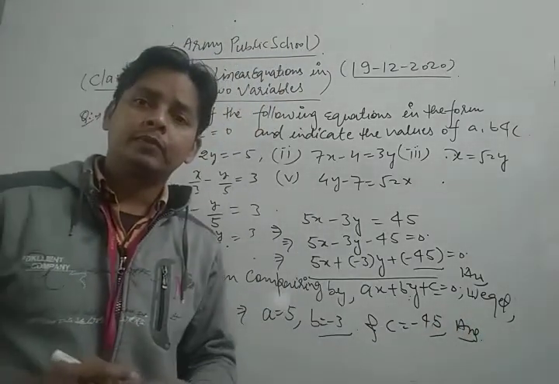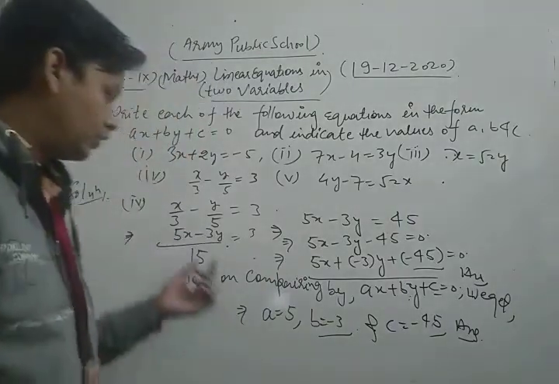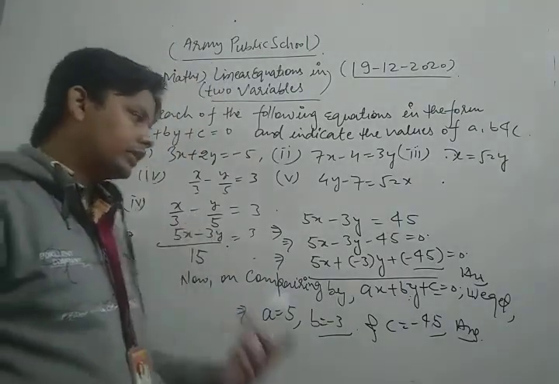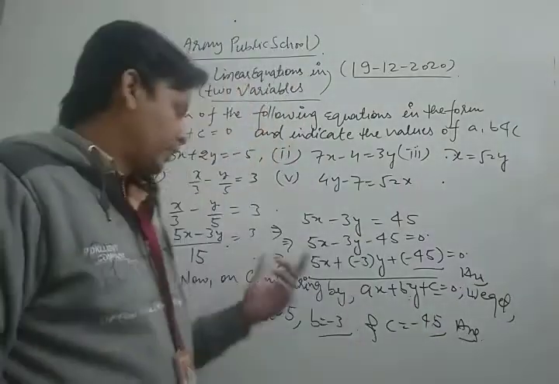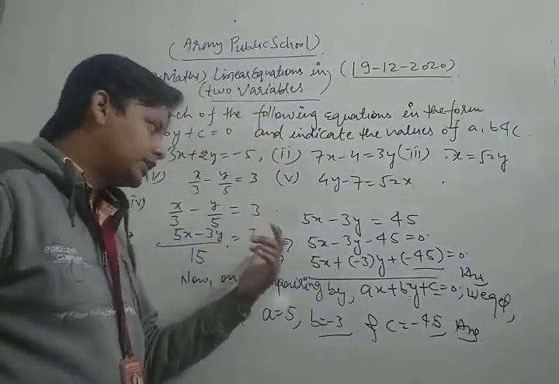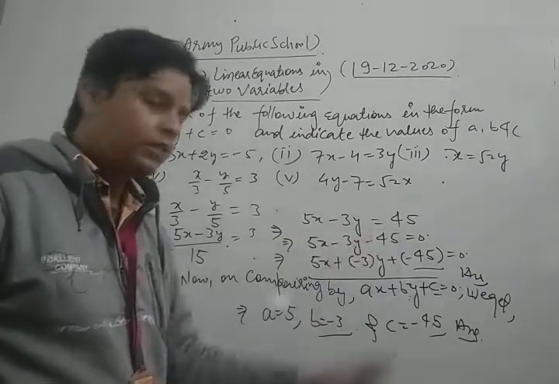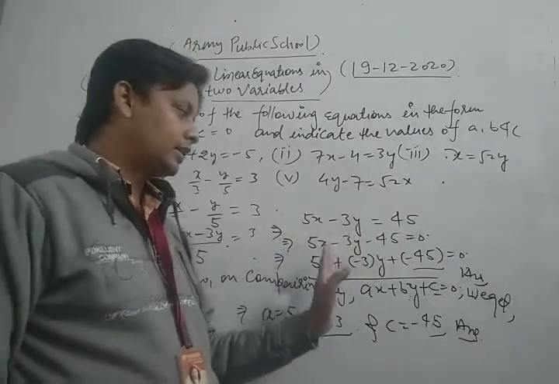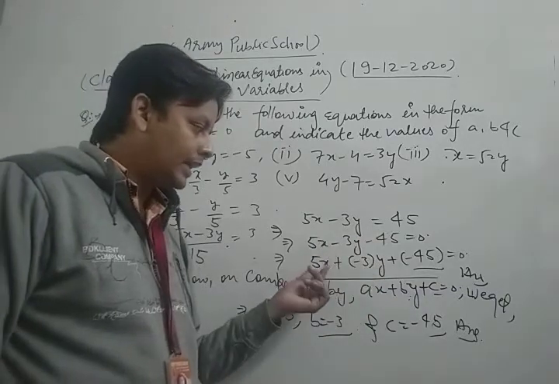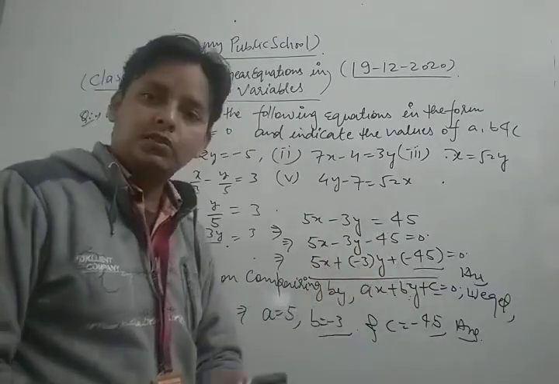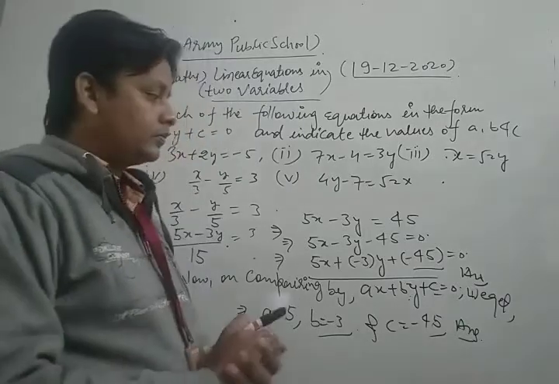Okay, dear students. So in that type of question, first of all you take their LCM. After that simplifying first, and after that we do their cross multiplication. So in this way we get this. Now we transfer 45 to that side. So we have the given equation in the form of ax plus by plus c is equal to 0.